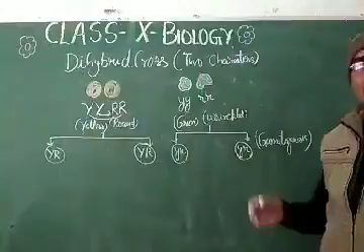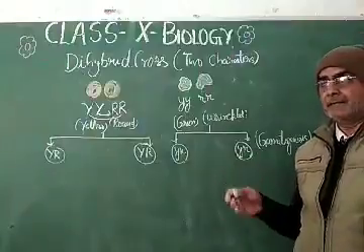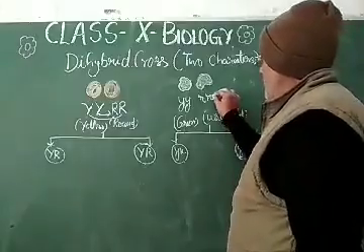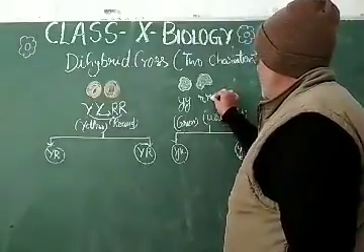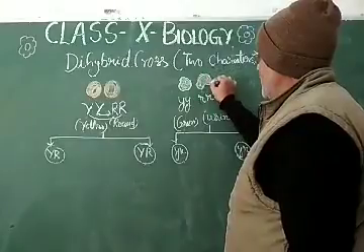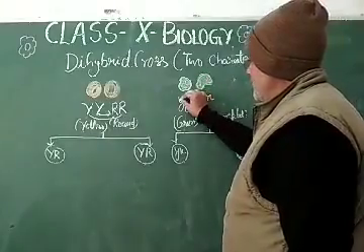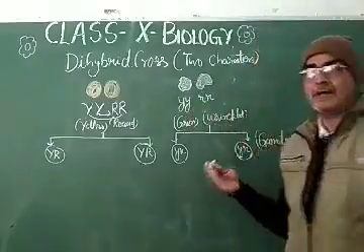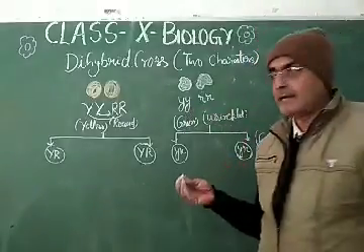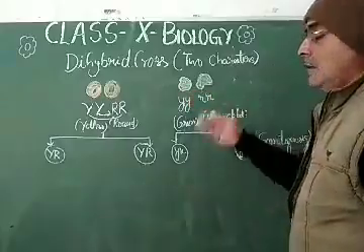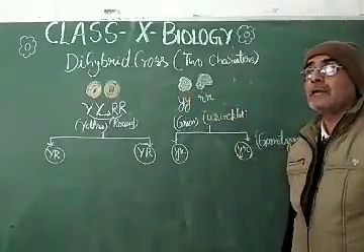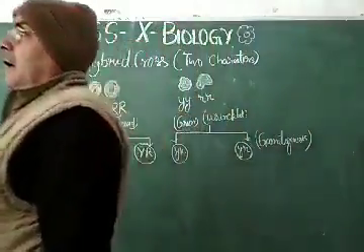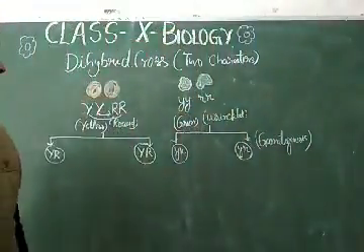Wrinkled means jhurridar in Hindi, that is not round, and green means that is not a good color for the pea seed. So he took two contrasting traits, yellow and round and green and wrinkled.